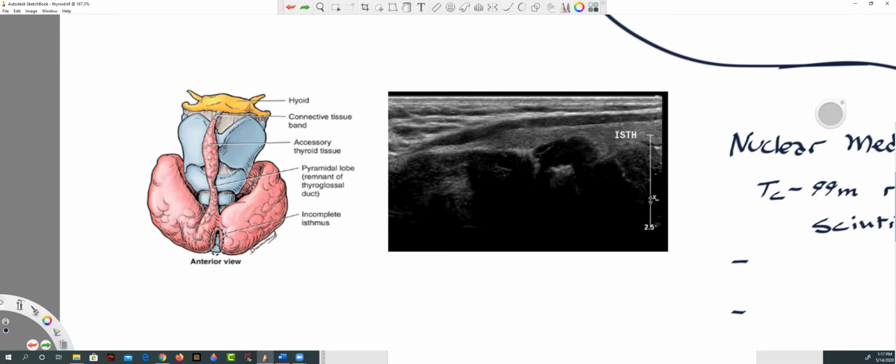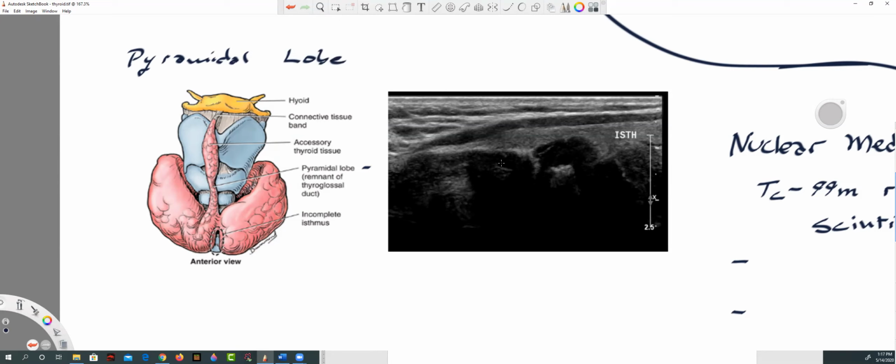And sometimes just a little bit of tissue got left behind. We're going to call that the pyramidal lobe.